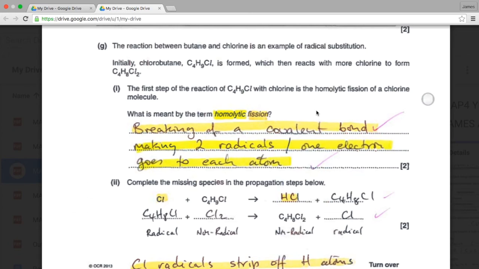So there was a mark for that. Homolytic is where you're breaking the covalent bond right down the middle, so each atom receives 1 electron from the bond. So you can either say that, or you can just say the making of 2 radicals. So breaking of a covalent bond producing 2 radicals, or the breaking of a covalent bond where 1 electron goes to each atom.